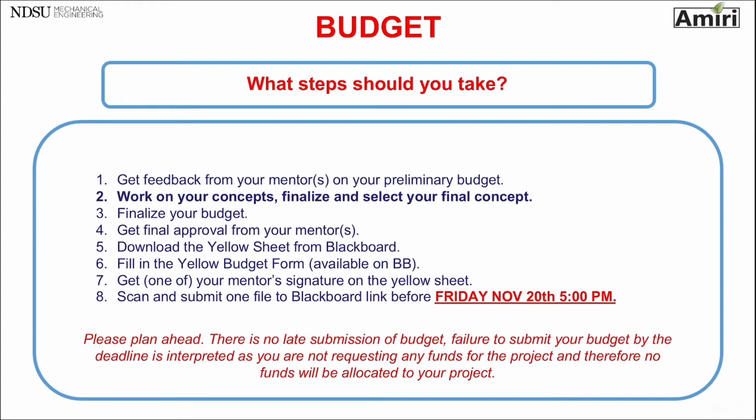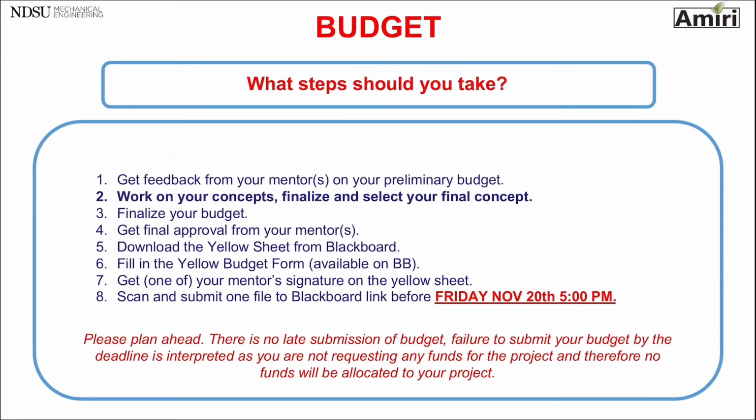So to do the final budget, I made this for you to make it easier to follow. It is important to be in constant communication with your mentor and your sponsor. Everyone needs to be on the same page.